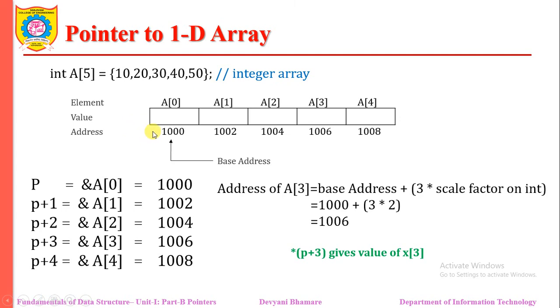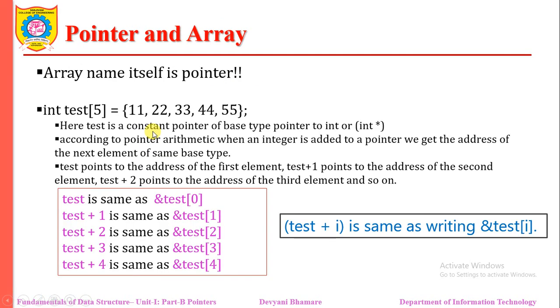So that's why we can say the array name itself is a pointer. In this example, if we say test is a constant pointer of type integer, then according to pointer arithmetic, if we add 1, 2, 3 or some integer value to it, we get the address of the next element of the same base type.